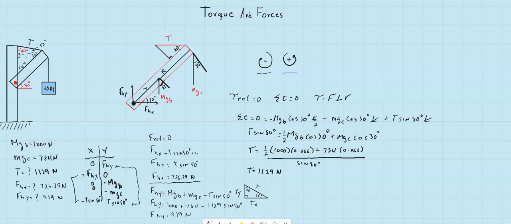And if something is wrong and you get a negative instead of a positive, just go ahead and change this right here, and you'll be okay. And then just go ahead and set your forces in the X and your forces in the Y, and find all the values for the components that you need.